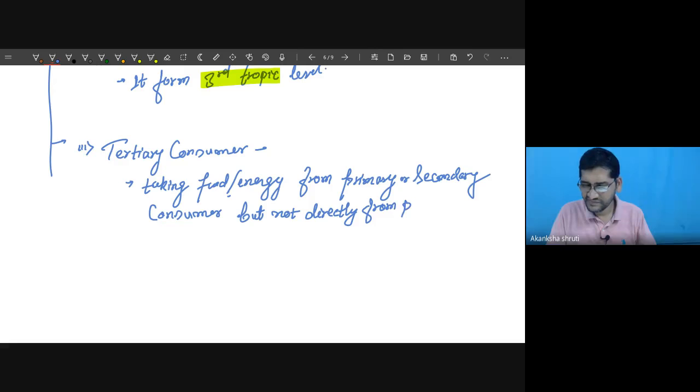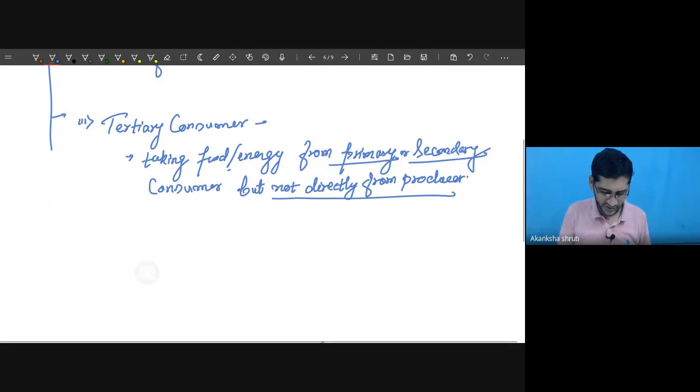It is important. So not directly from the producer, but they can gain the food from the primary or secondary consumer.